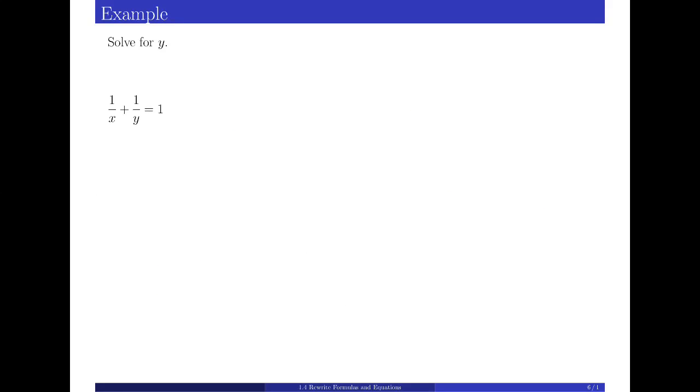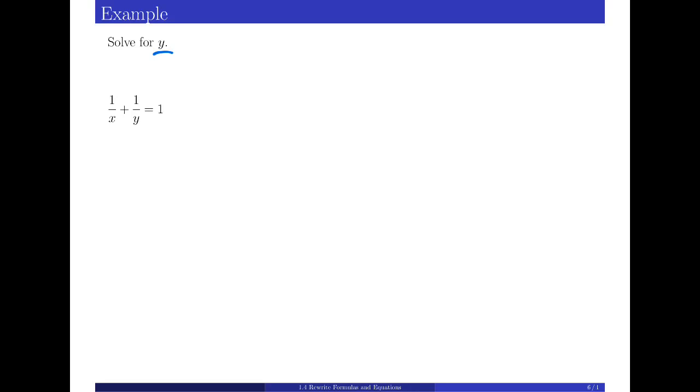This last one is a little bit tricky, and I think you'll see one like this on the homework. But we have 1 over x plus 1 over y is equal to 1. On this one, I'll just give you a hint to get you started, and then I want you to try to get the rest of the way on your own. So again, we're solving for y, so we want to get the y all by itself.